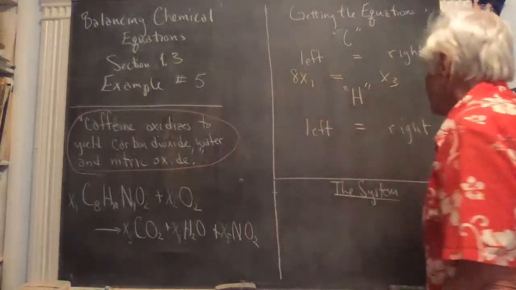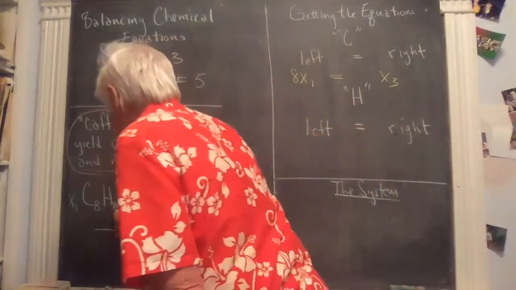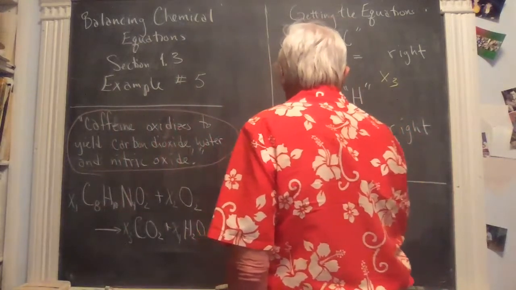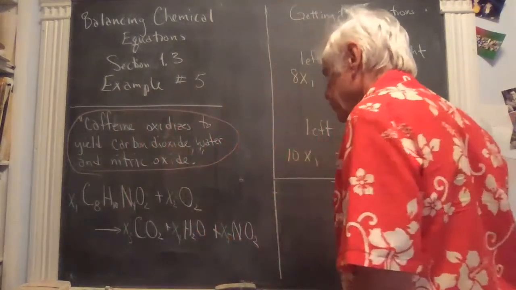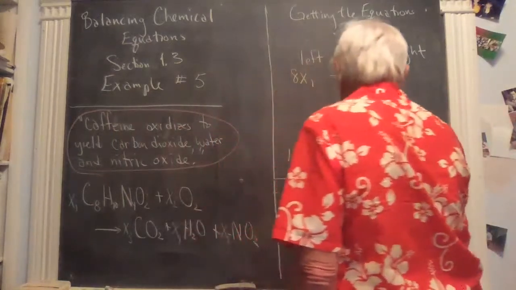So there's our first equation. Hydrogen is similar. On the left-hand side, we've got 10 x1 hydrogens. On the right-hand side, we've got 2 x4 hydrogens.